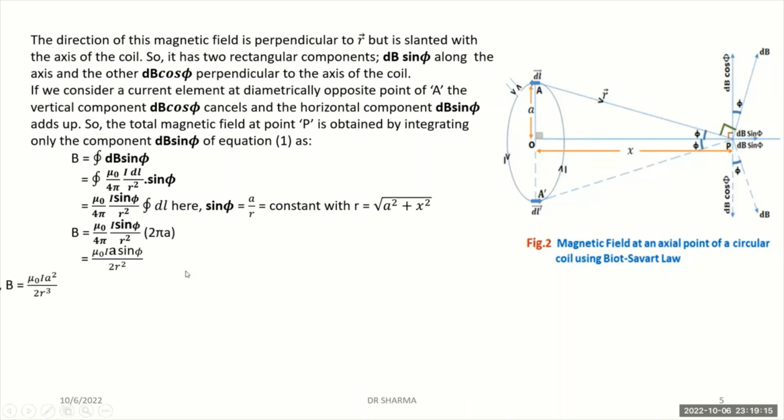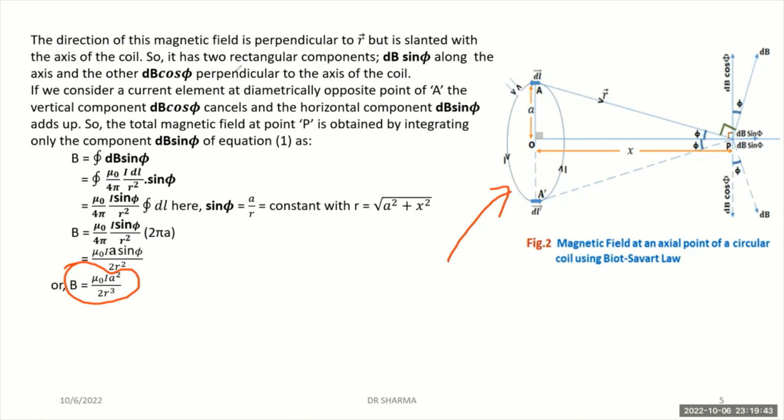Again, substituting sin phi equal to a by r, you get mu naught I a square upon 2r cube. This expression is also true for a coil of single turn, but in practice, a coil has a large number of turns.